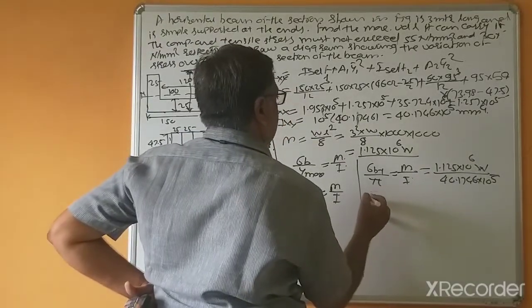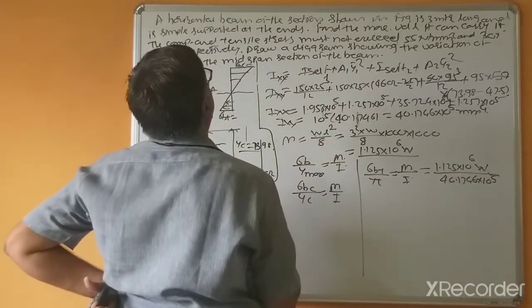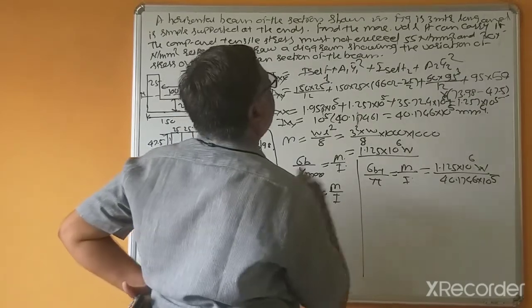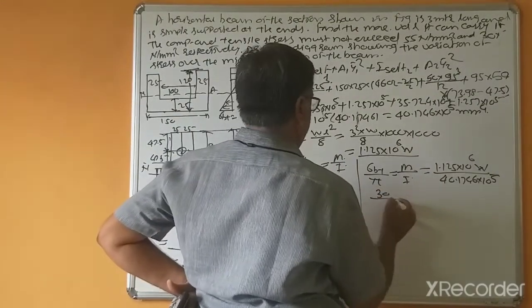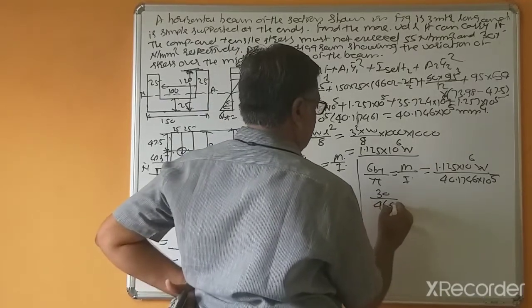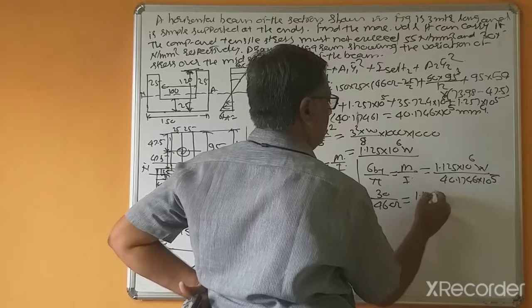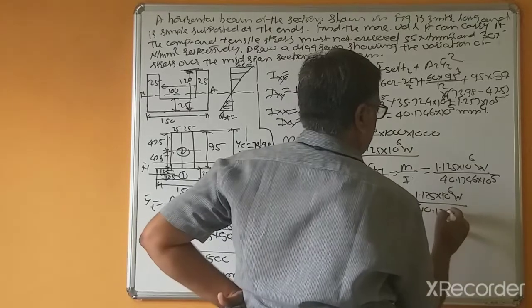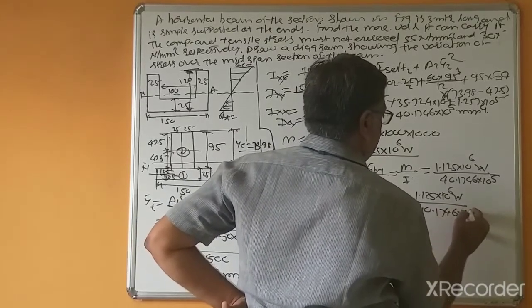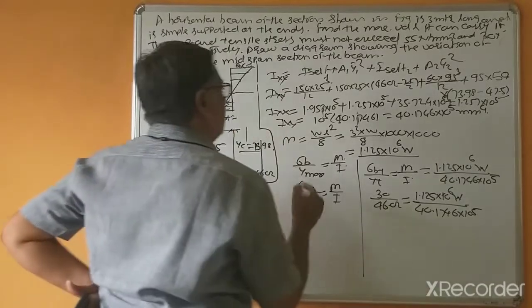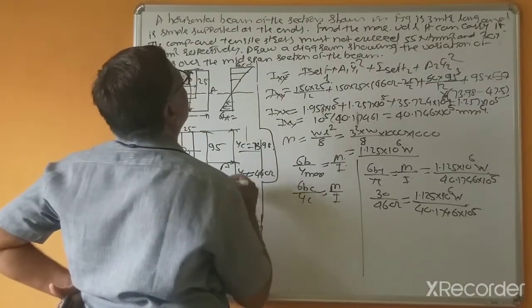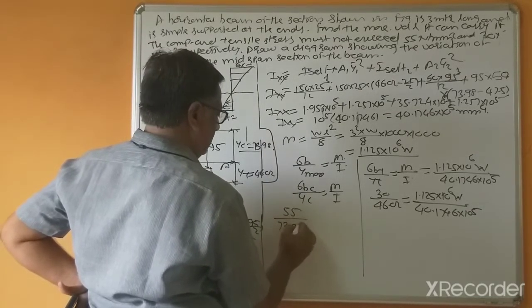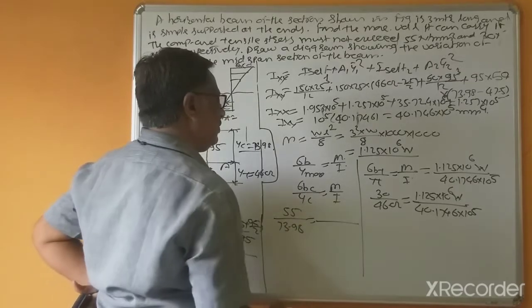Sigma BT equal to tensile 30 and YT equal to 46.02, and this is 55 with 73.98.